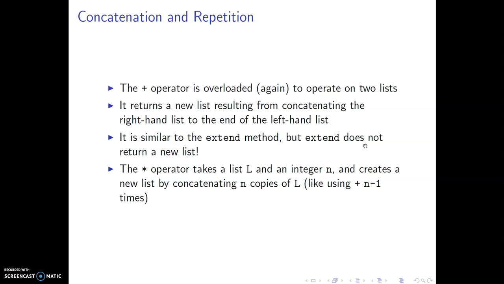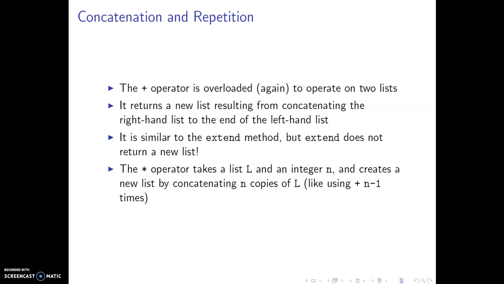Okay, so we can concatenate and repeat elements to create list objects that maybe refer to others. This is a really useful kind of technique to use when you're dealing with lists that may be returning elements of another list. So the plus operator is, again, overloaded to operate on two lists. It'll return a new list as a result, which is just concatenation of the right-hand list to the left-hand list.